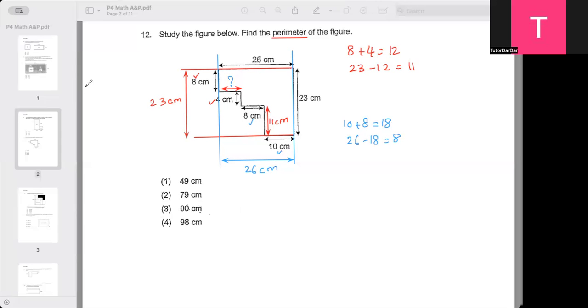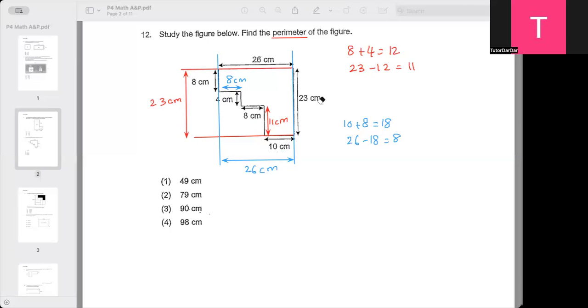So this is going to be 8 cm, and this is 11 cm. So now we know all the sides already, right? Now we can start adding.